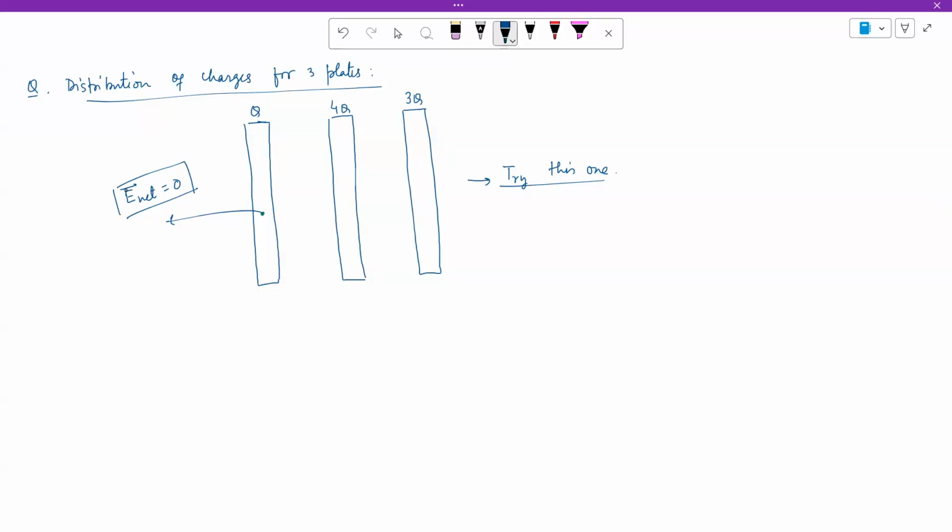So let's say that X charge is accumulated at this point. Then what would be the charge at this side? Let's say that plus X charge is accumulated at this side. So what would be the charge in this side?